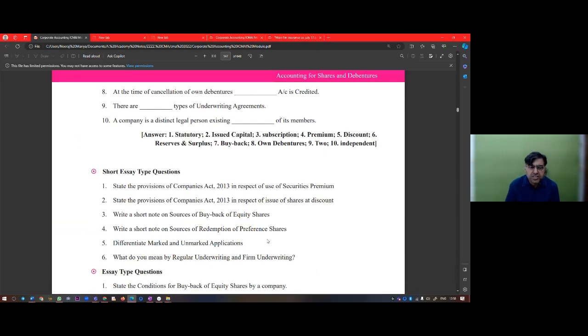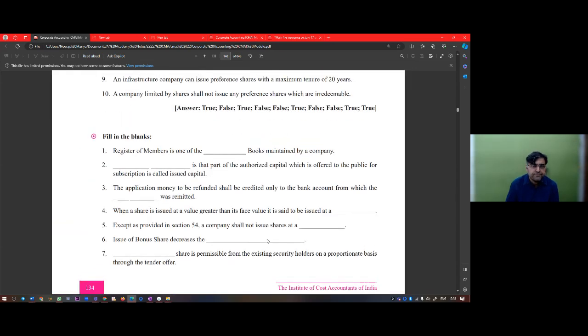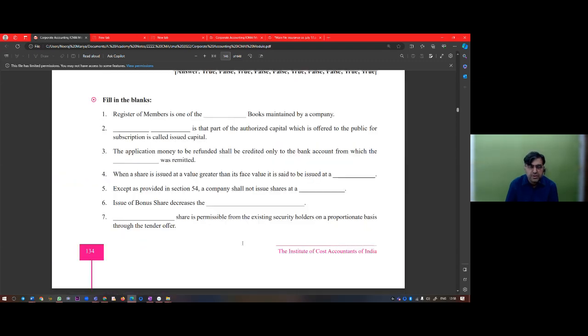So the answer is statutory reserve. That part of authorized capital which is offered to the public and subscribed by the public is called issued capital. The application money shall be credited only to the bank account from which the subscription was received.